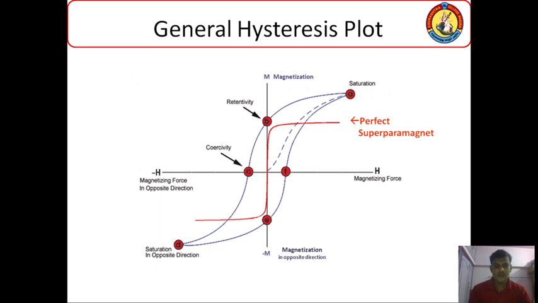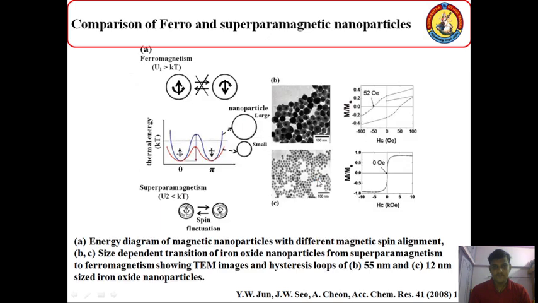Here we are going to discuss nano superparamagnetic material. The superparamagnetic material won't give any coercivity or remanence value, and it starts exactly at the zero point. When the material goes below the critical size, the ferromagnetic materials are converted into superparamagnetic material.